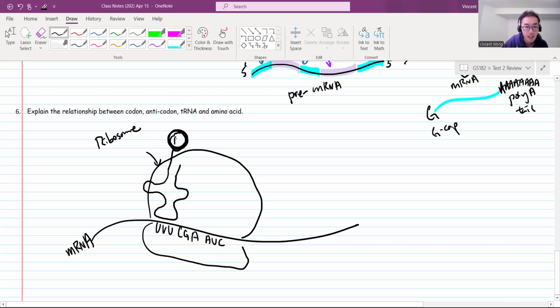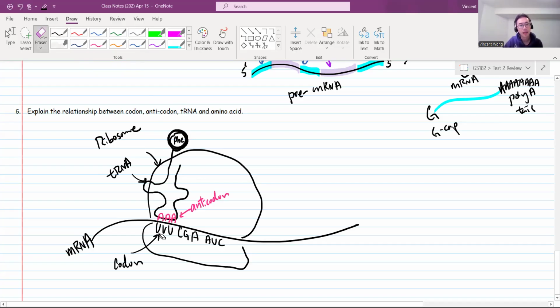This one is going to be PHE. How does the transfer RNA know it's the right amino acid? At the bottom of the transfer RNA there is the anti-codon, which is complementary to the codon. This thing here is tRNA.